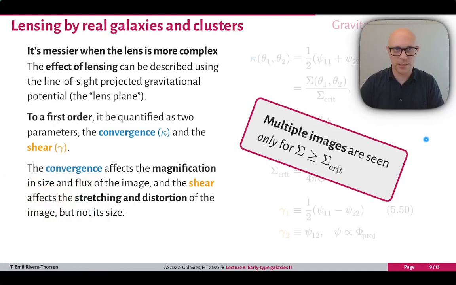Sorry, this is a density of the lens, not of the source. But on places of the lens where we have a density that is above the critical density, we will see multiple images of the background source. And if we don't have anywhere where the density is above the critical density, we will not see multiple images of the background source.